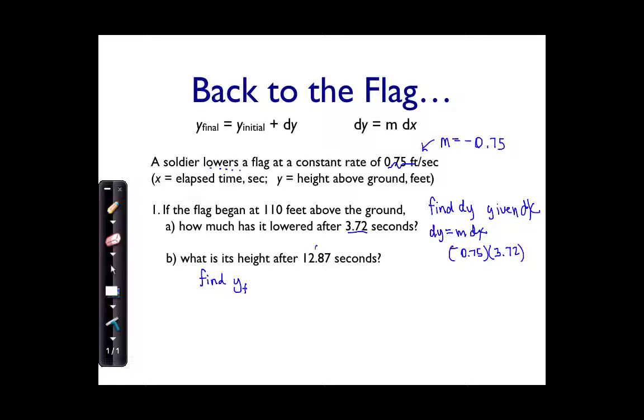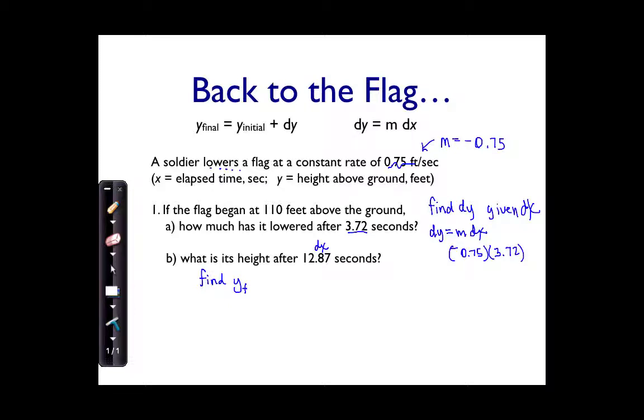So this is dx. If I want to find y final using dx, it's kind of a combination of these things up here, right? I can find the final height by knowing where it started and then how much it changed by, but to find how much it changed by, composition of functions, I need to know the rate at which it was changing and how long it was changing at that rate.